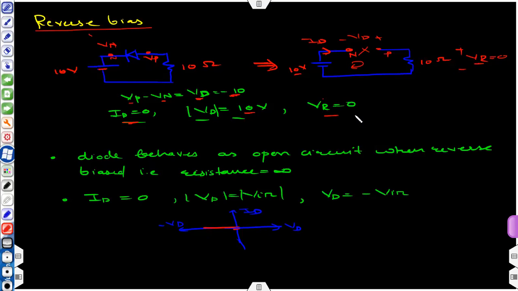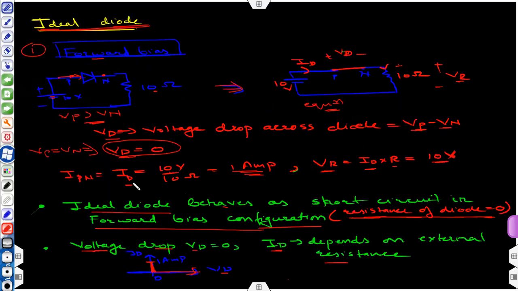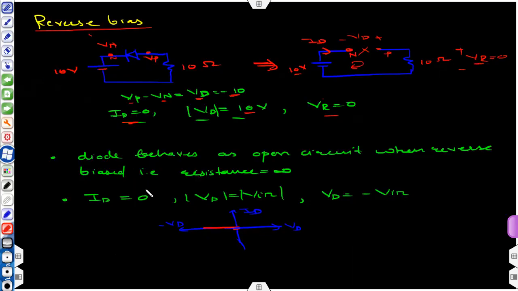So the same thing, this forward bias configuration and this reverse bias configuration. This is your experiment number 2 that you have to perform in your lab. And we can again represent this graphically. So VD is negative, so VD will be on the left hand side, and corresponding ID is zero.